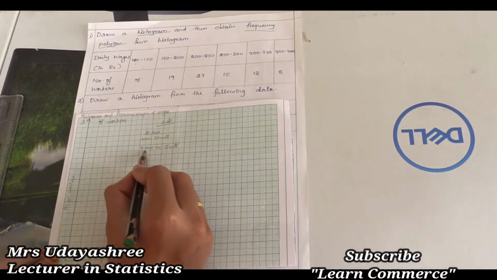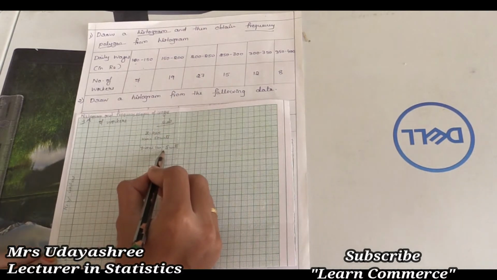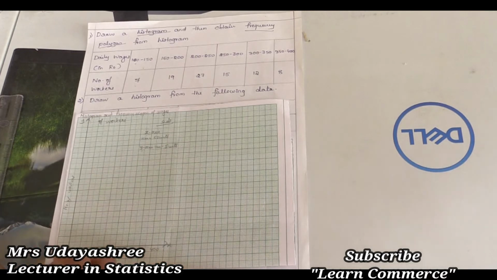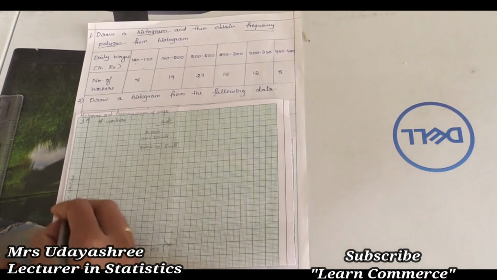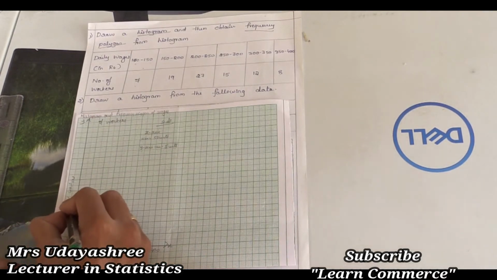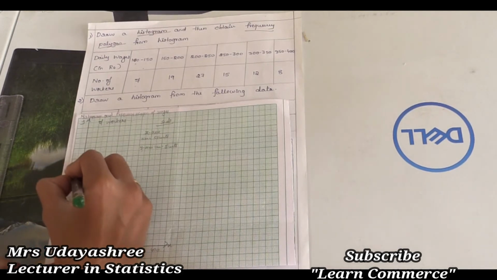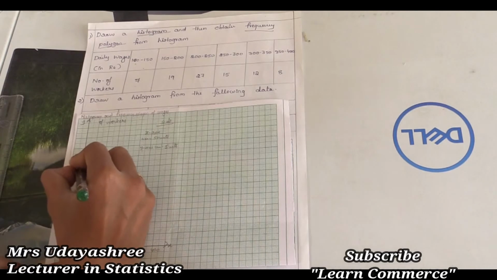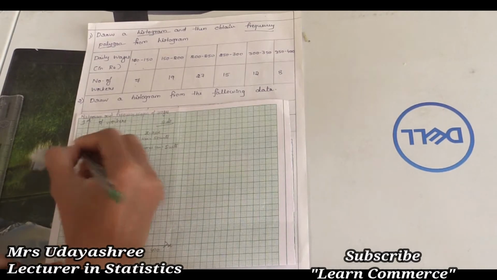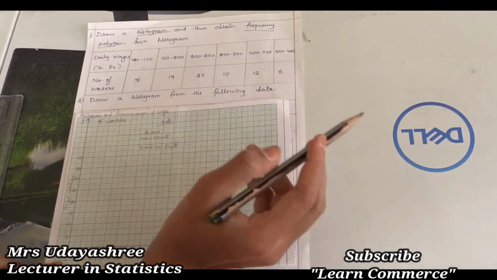For the y-axis, origin is 0, then 5, 10, 15, 20, 25, 30, 35, 40. I will stop here because the highest value is 27.